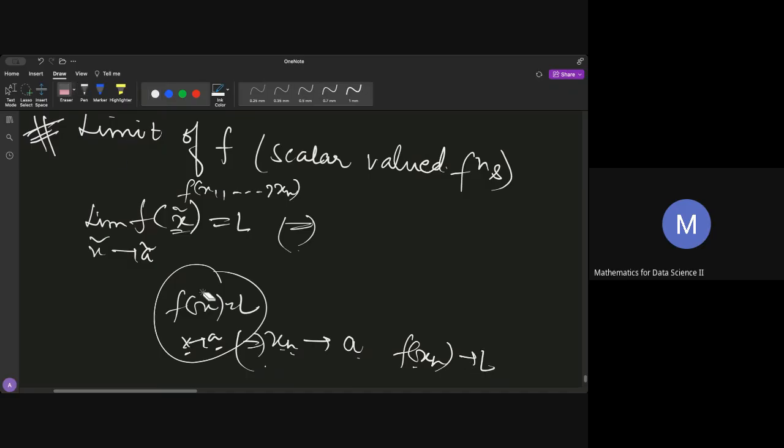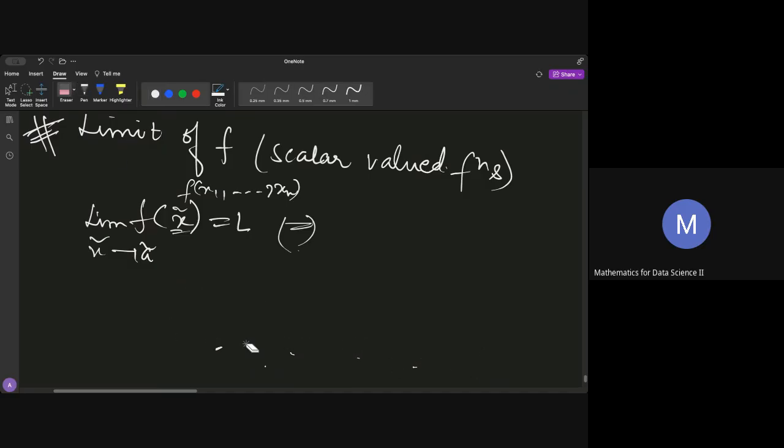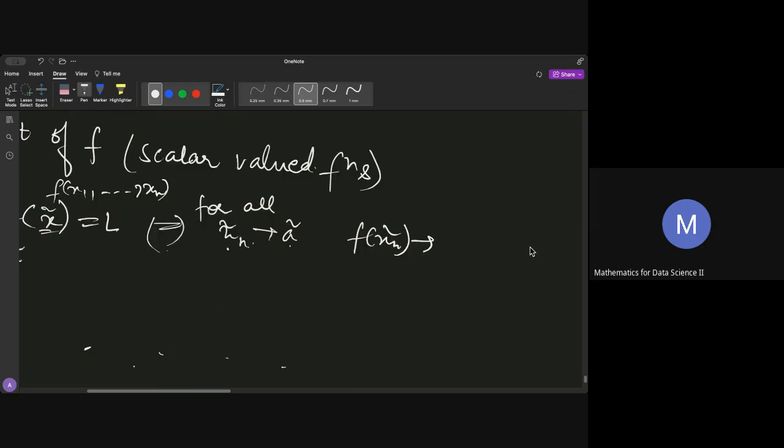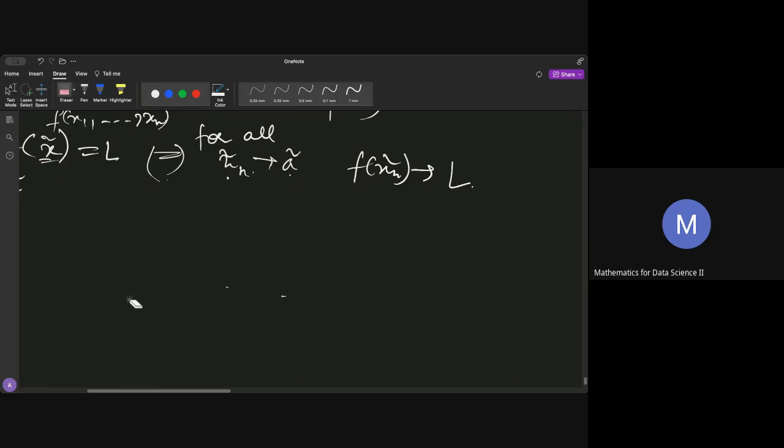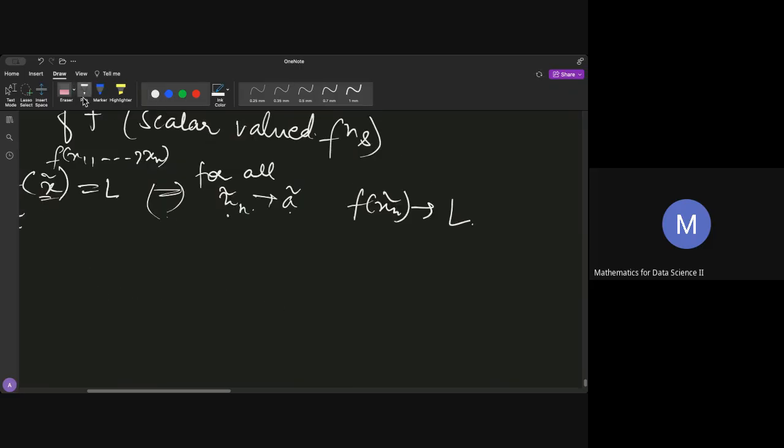Similar thing will happen here, because you're taking sequences in n tuples, right? So if x_n tilde tends to a tilde, that means if there is any sequence that converges to a tilde, for that sequence f(x_n tilde) should tend to L, right? So this is what we have to do.